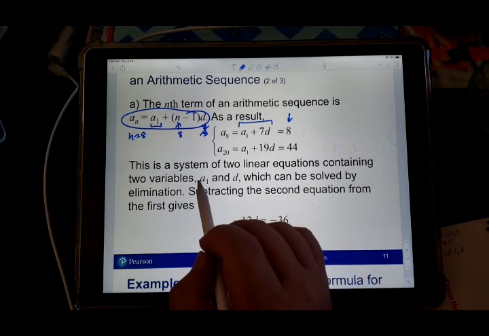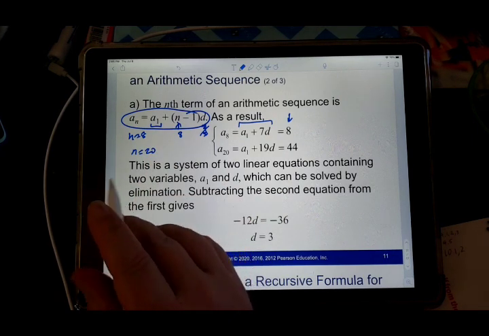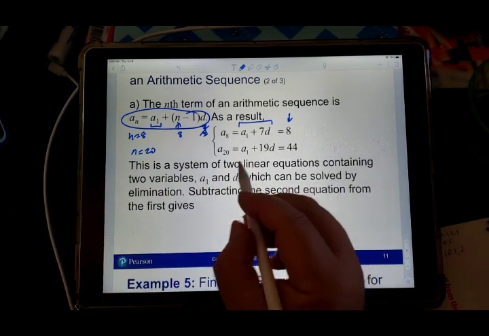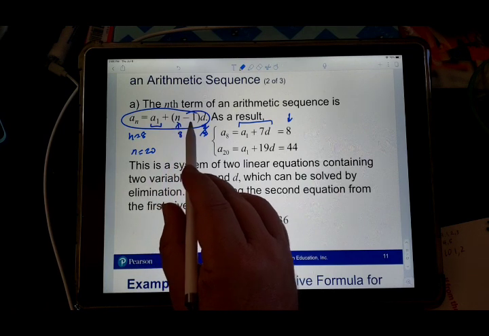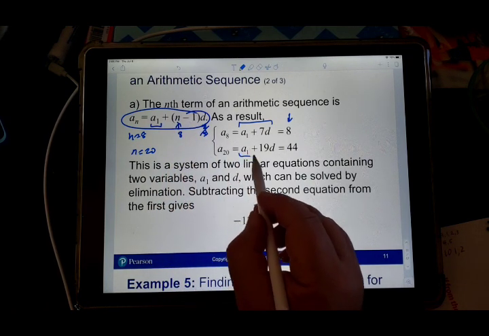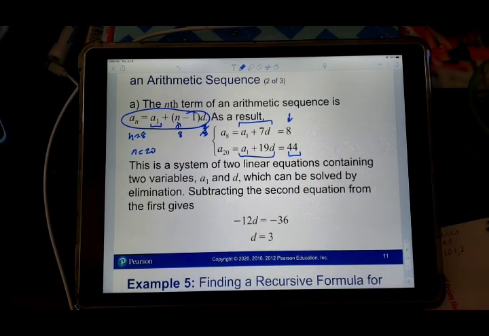side of the equation. How about when n equals 20? Remember, it said the 20th term is 44. So if I put 20 in this formula, I get 20 minus 1, that's 19. So I get these formulas pretty quickly just by writing what the problem said. All right, well, it's a system of equations.